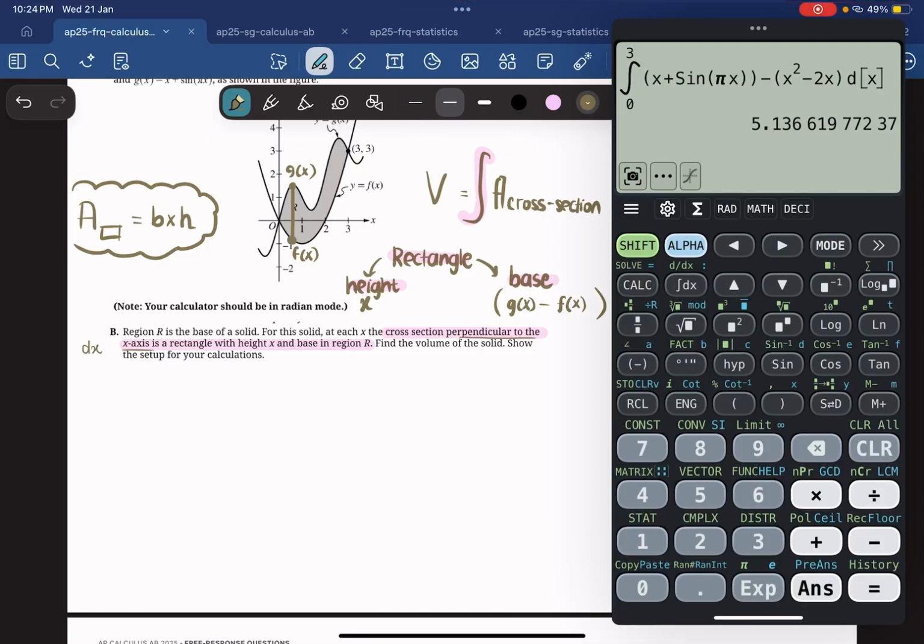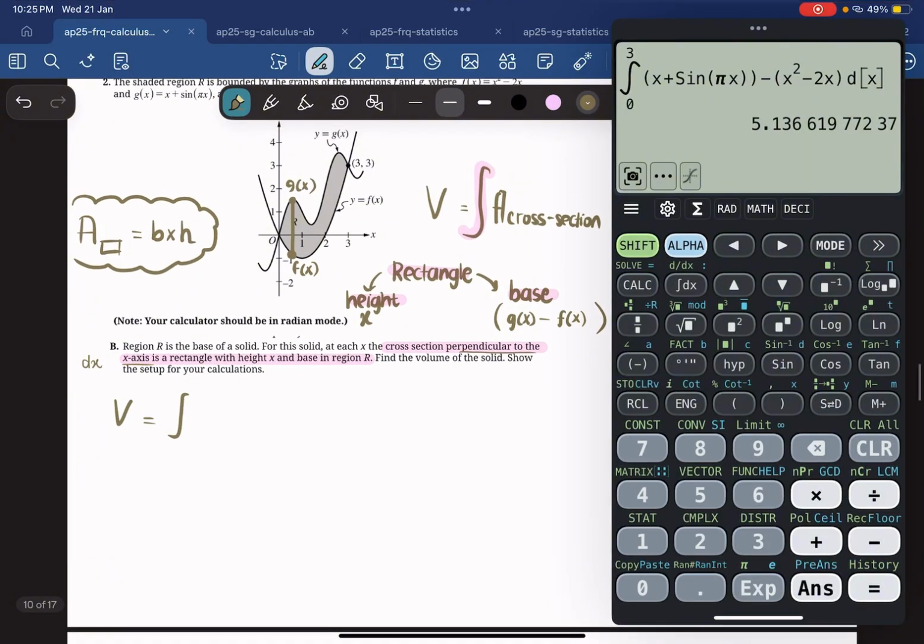So the volume is going to be equal to the integral from 0 to 3 of the area of the cross section. So there's no pi, there's no square. This is not the disk method, this is not the washer method. This is just volume equals the integration of the area of a cross section. And the cross section is a rectangle, so the area of the rectangle is base times height.